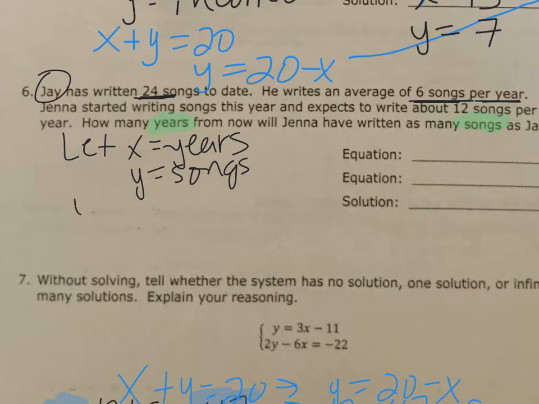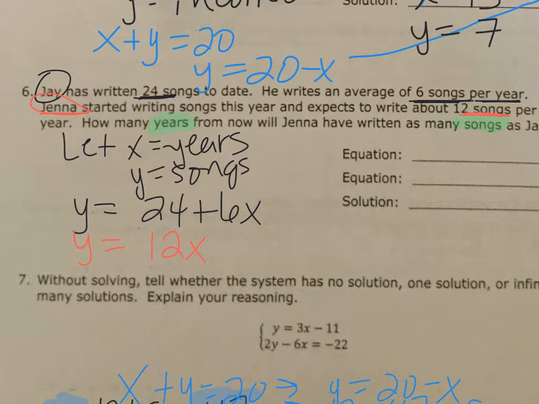So Jay's total number of songs is the 24 he started with, plus the 6 he writes every year. Jenna hasn't written any songs. She just started, but she's going to do 12 songs a year. So Jenna's total songs will be the 12 songs for each year she writes them, because she's starting with 0. Okay, so those are your 2 equations.